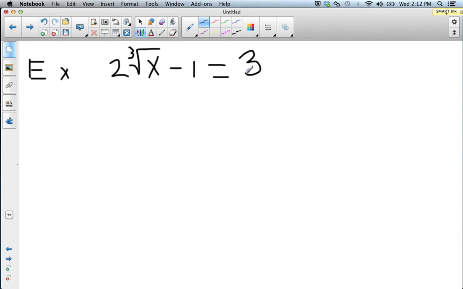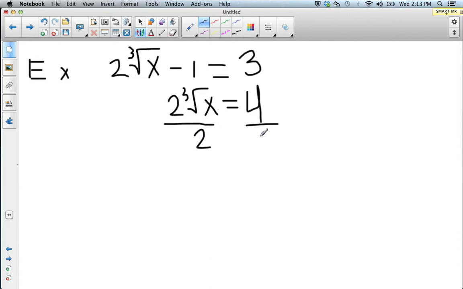So what do we do first? We have to isolate the radical. So I'm going to add my 1. So plus 1, we get 2 cube root of x equals 4. And I'm going to go one step further. I'm going to divide by 2. I get cube root of x equals 2.